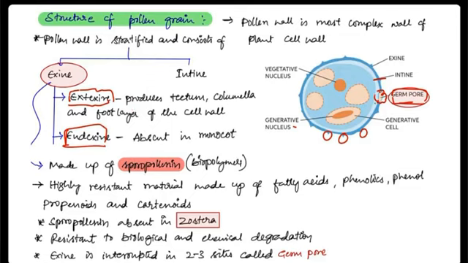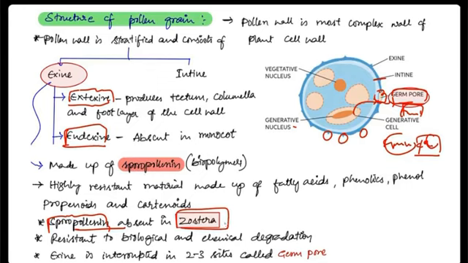Yes, it's for the pollen tube formation and the transfer of these sperm cells. Yes, for the release of sperm cells. Okay, nice. So this sporopollenin is particularly absent in case of Zostera.